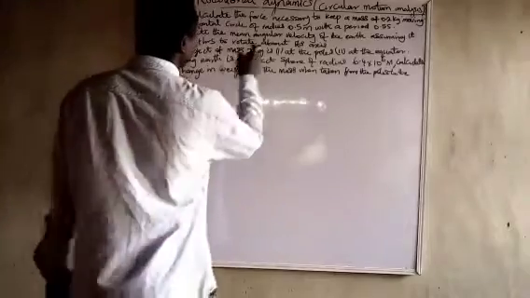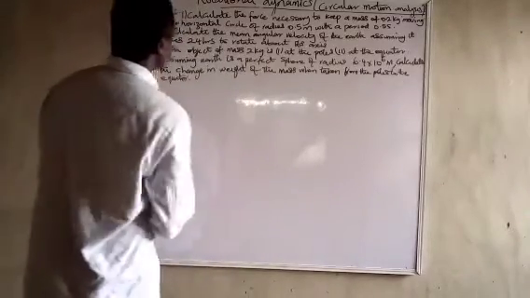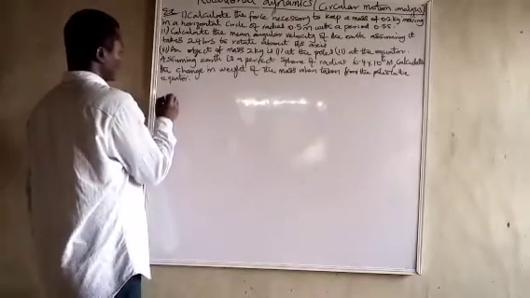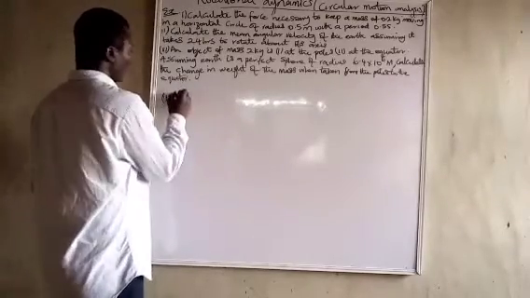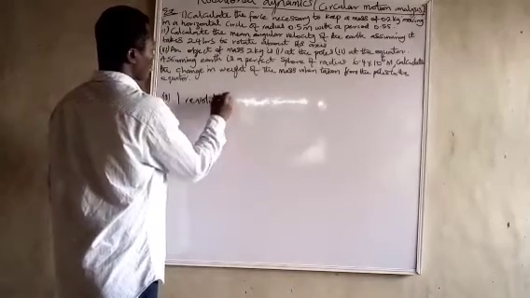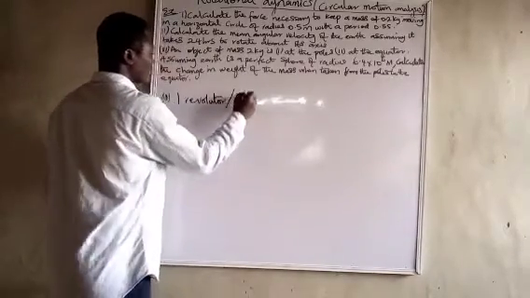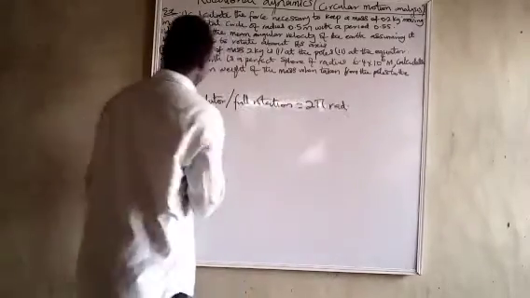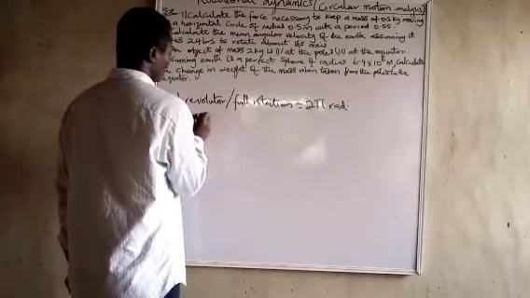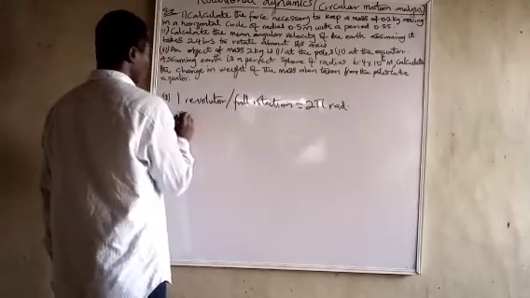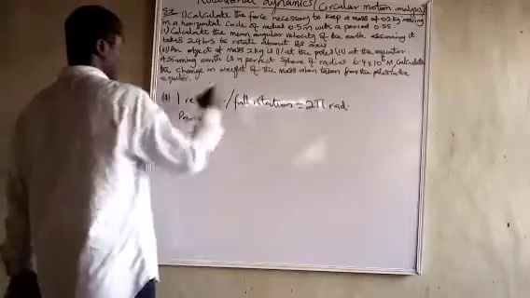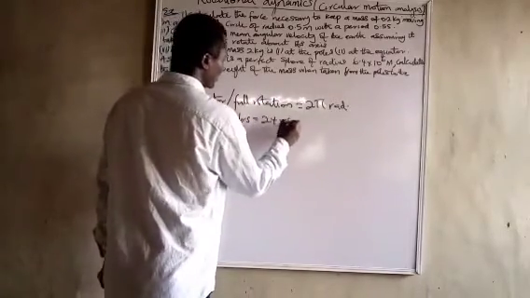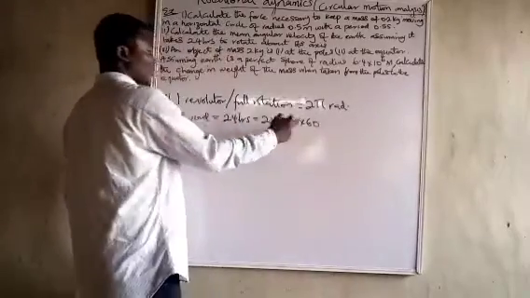The second question says, calculate the mean angular velocity of the Earth, assuming 24 hours to rotate about its axis. We know that for 1 revolution, or full rotation, is equal to 2 pi rad. And time, or period, that is time for one full rotation, is equal to 24 hours, which is 24 times 60 times 60. This is 60 minutes, 60 seconds.